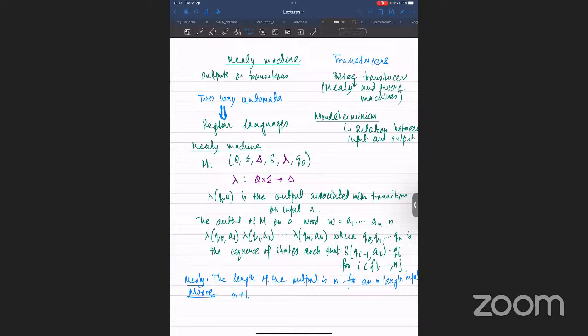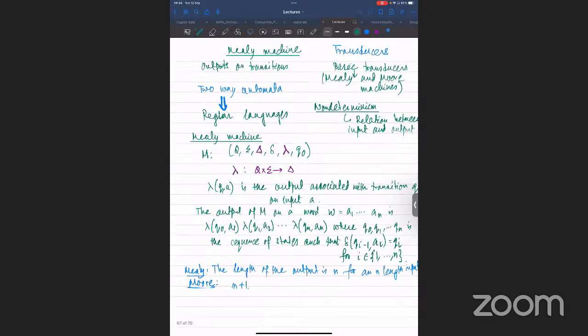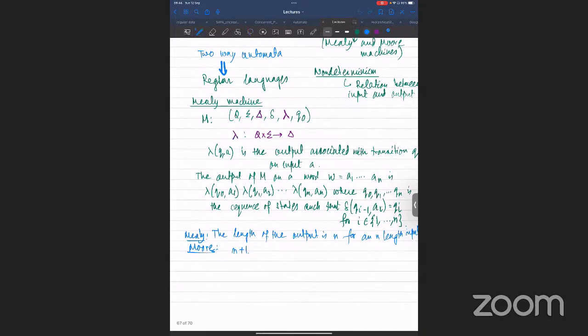If there is an output on a particular state, then on all the incoming transitions for that particular state, you put that same output.